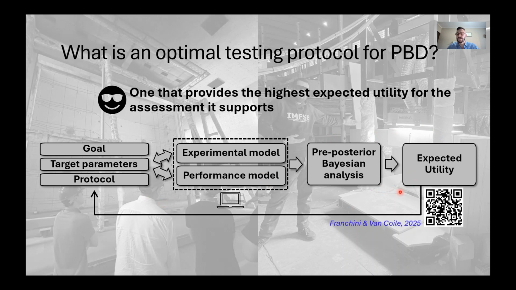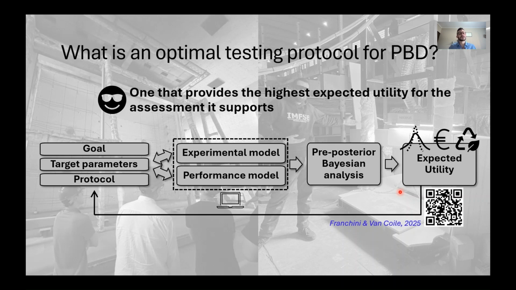Now, this expected utility can take different forms. It can be a measure of uncertainty reduction, it can be a measure of economic value of information, or it can capture the environmental benefit of the information you gathered during the test.